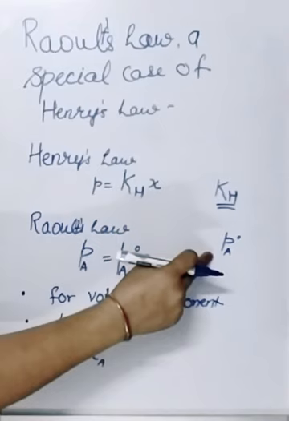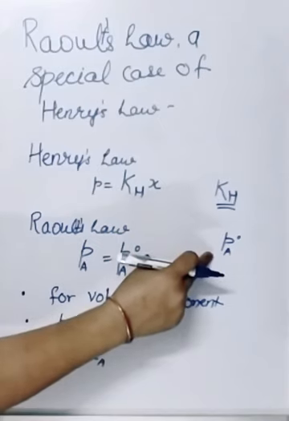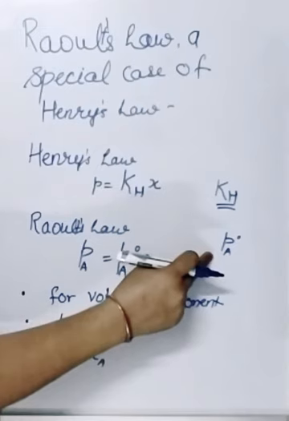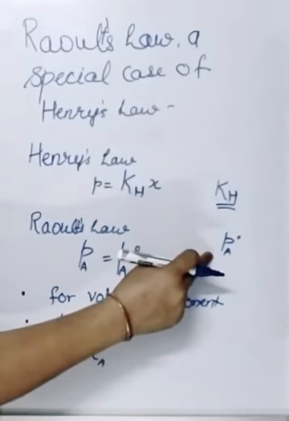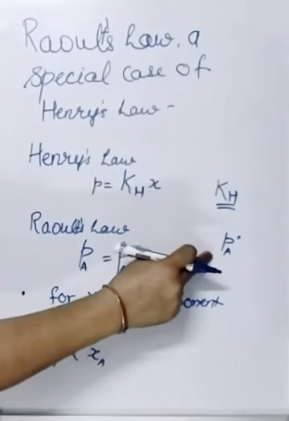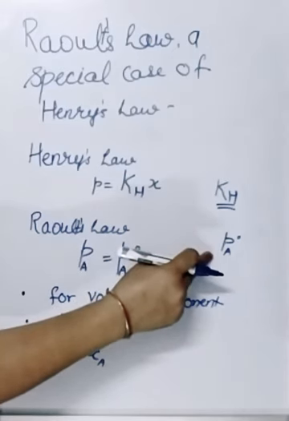As per Raoult's law, it is not necessary that both the components behave ideally. If one is non-volatile, it will not behave ideally. So the ideality of the solvent in case of Raoult's law doesn't mean that the solute must obey Henry's law also.